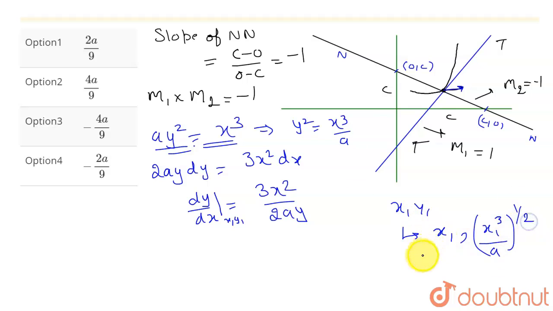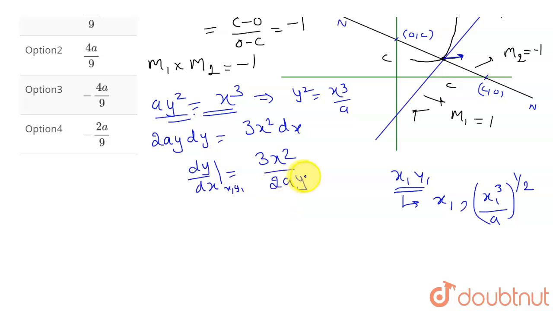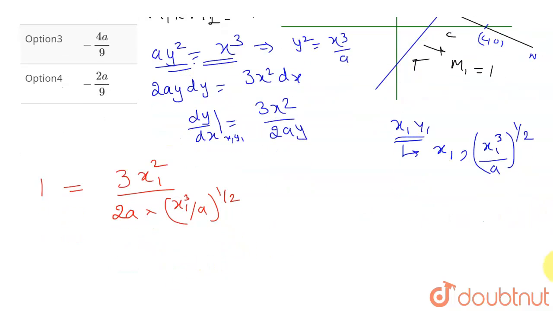So this coordinate will look something like this. Now if I put this in the derivative expression, I can substitute this point here. So this will give me 3x1 square upon 2a times y, and in place of y I can put this, x1 cube upon a to the power 1 by 2. And this is equal to 1.